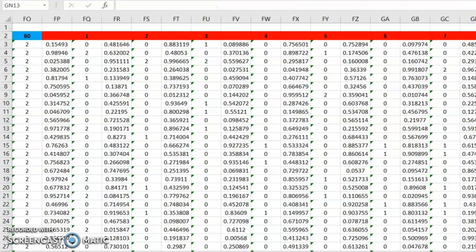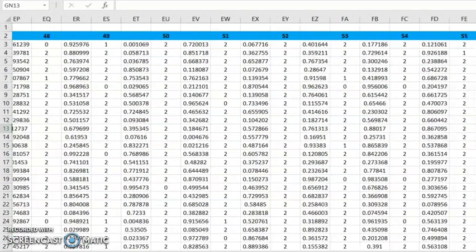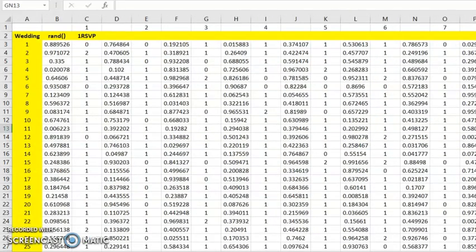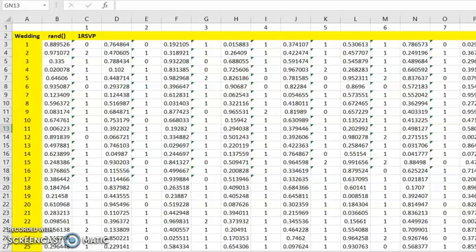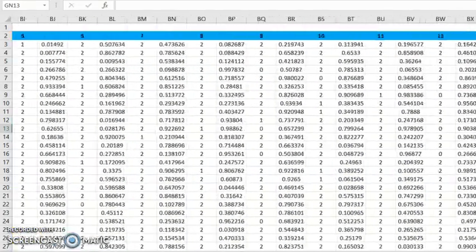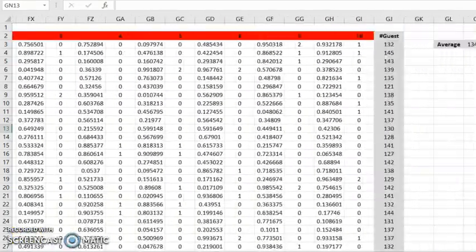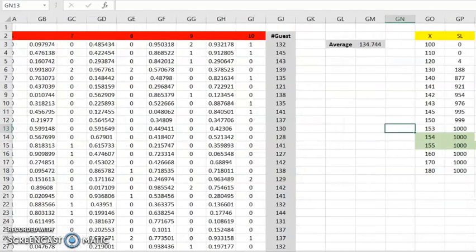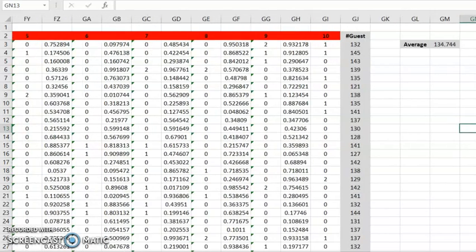Okay, now we are done with this simulation because we simulated each of the invitations individually, a lot of work. And when we go according to the activity and it asks us for the average, you see the average is 134, very close to the previous one.